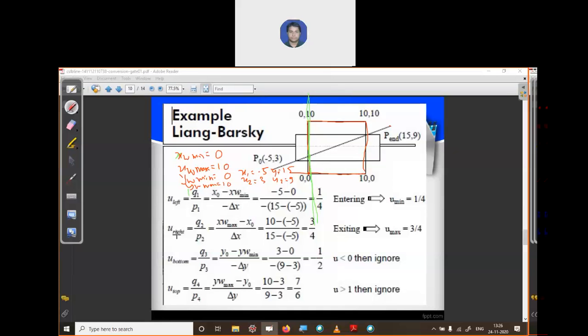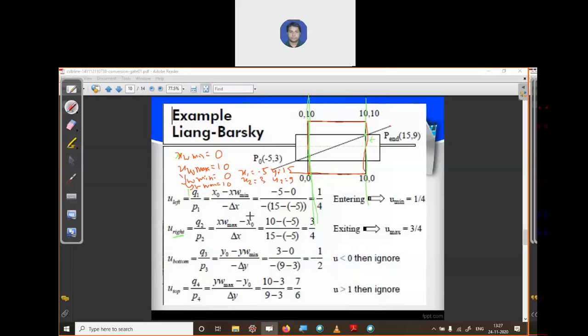This is the right boundary of your clip window, and at which time this line intersects this boundary at this point, we are finding. So again q by p, for the right side that means q2 divided by p2.